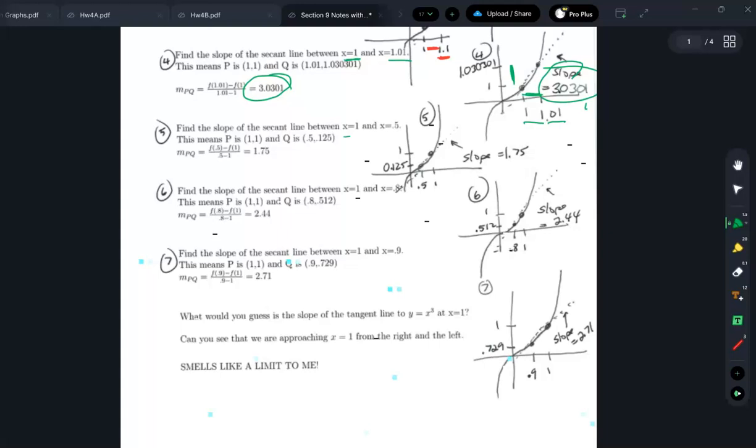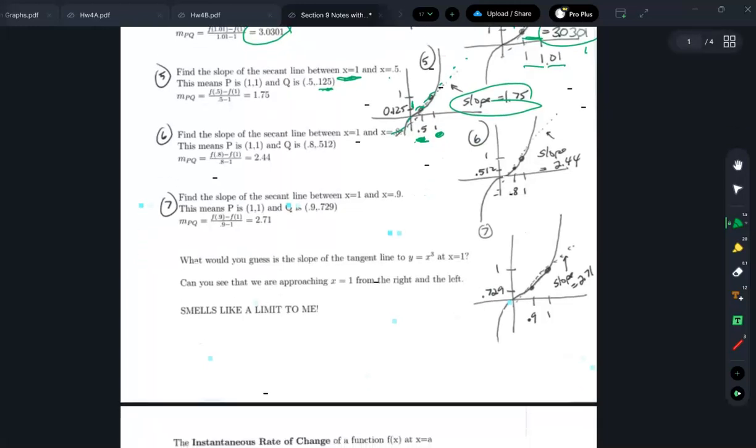Now I'm saying I still want to keep x equal 1, but then I want to go backwards. Let's start from this point back here. I find that y value, again, by plugging it into the cubic function, and the slope of that line will be change in y values over change in x values, so I get 1.75.